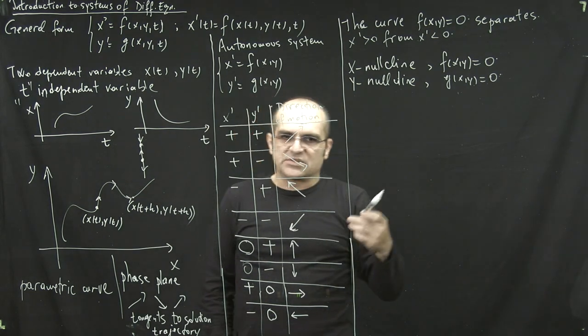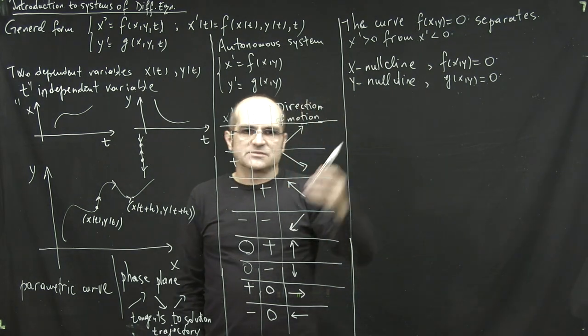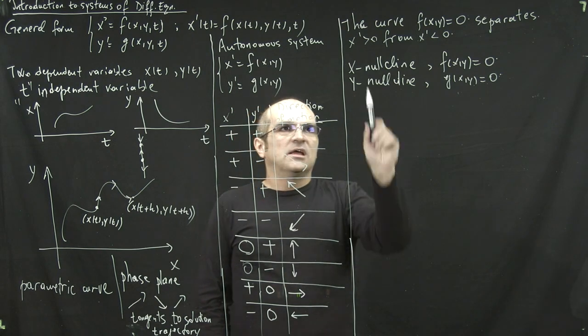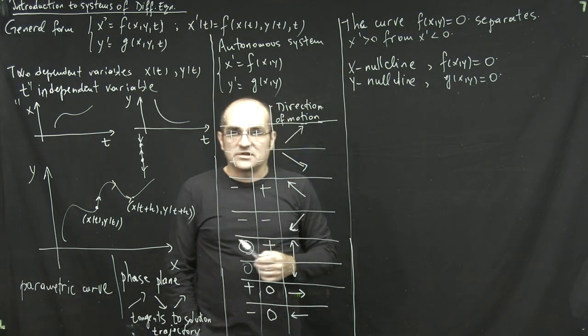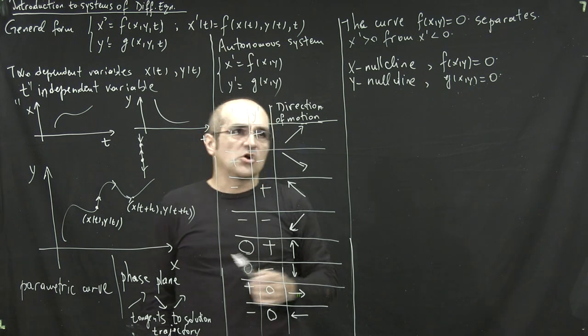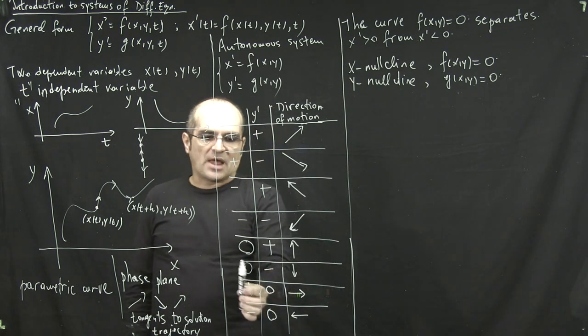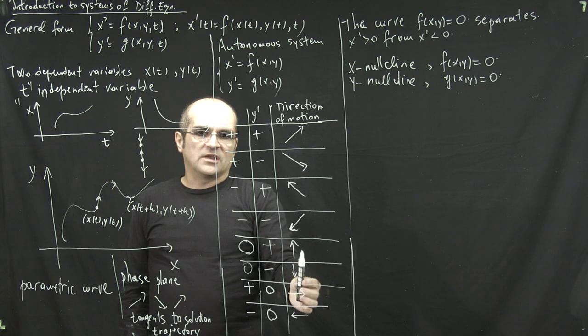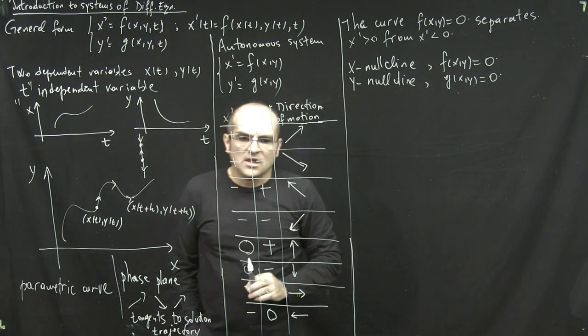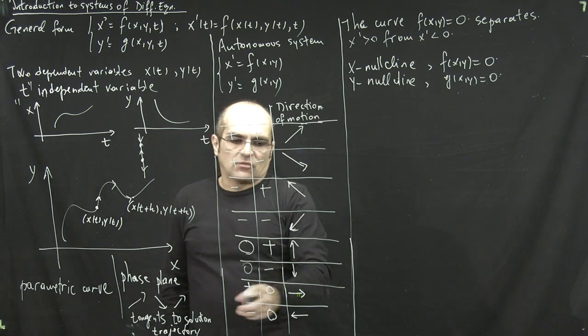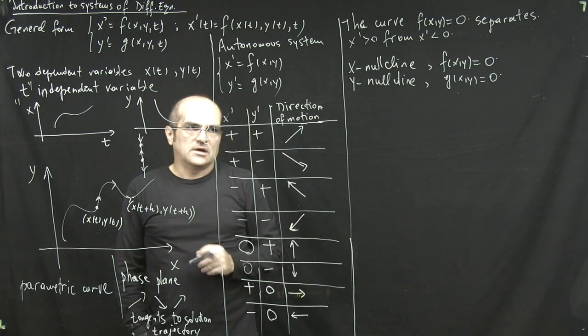They had a different purpose at that time. Remember, the isoclines were curves with a single slope. Nullclines are essentially curves of slopes or derivatives equal to 0. So on an x nullcline, x prime will be 0. So on an x nullcline, you will see only vertical arrows, up or down. And on the other nullcline, horizontal arrows, left or right.